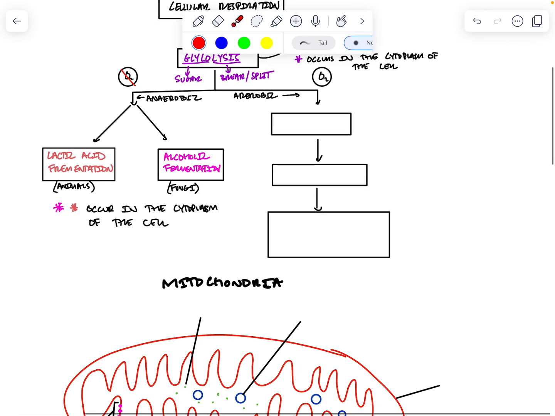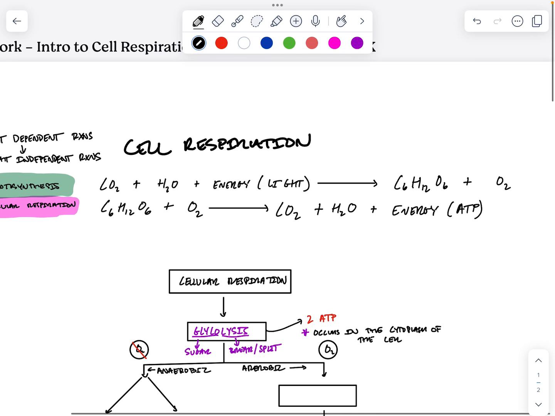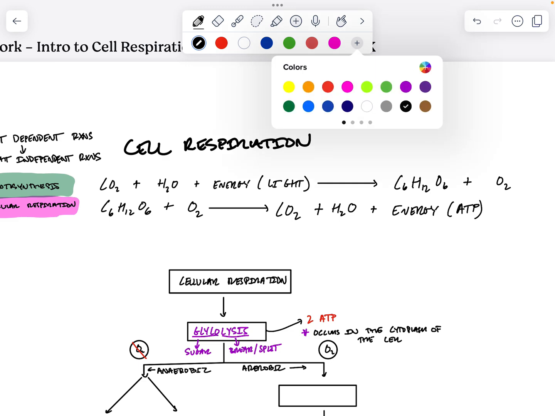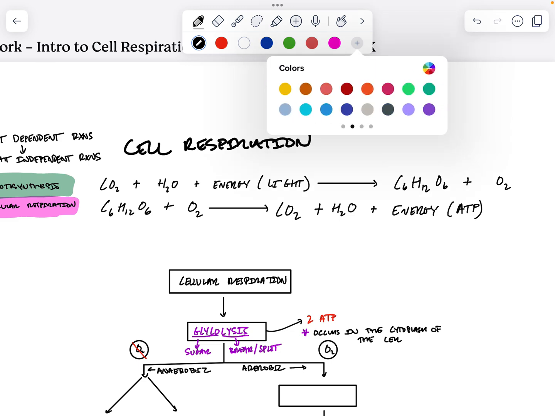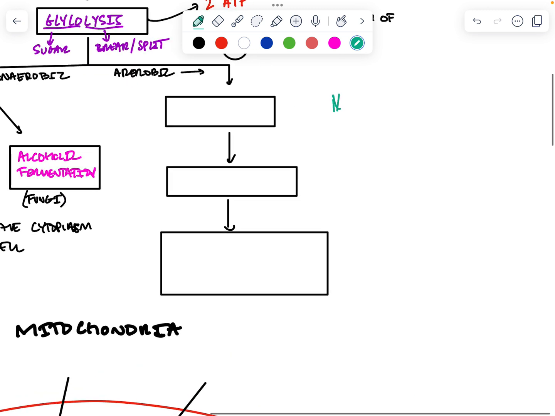However, if oxygen is present, then we are going to do aerobic cellular respiration, and this is all going to occur in the mitochondria. So all of these steps are going to occur in the mitochondria.